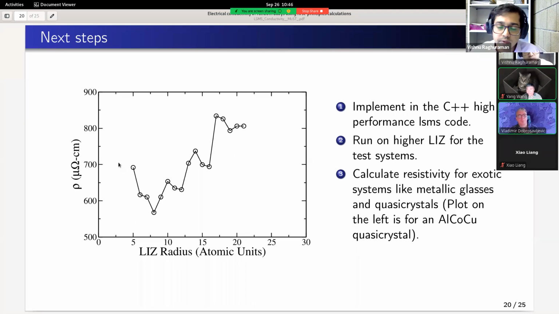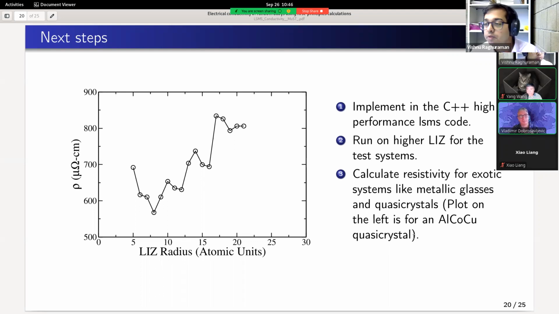On the left is a calculation I did for a quasi-crystal structure that was given to me by my advisor. These are, of course, absurdly large, but I looked at some experimental resistivities for quasi-crystals, and those are pretty large as well, of the order of 1,000 micro-ohm centimeter.